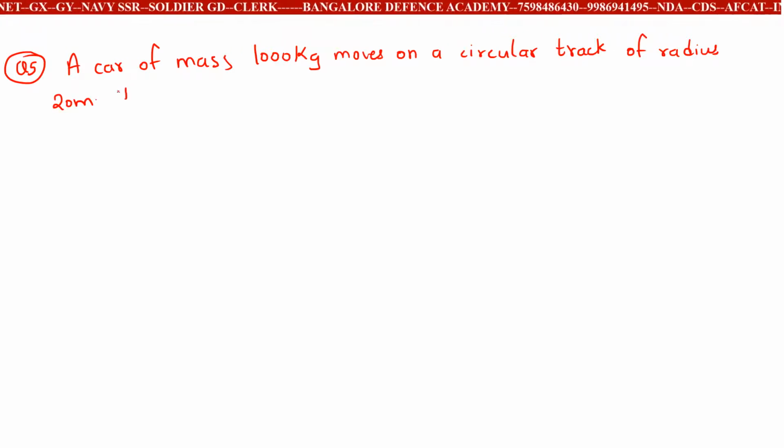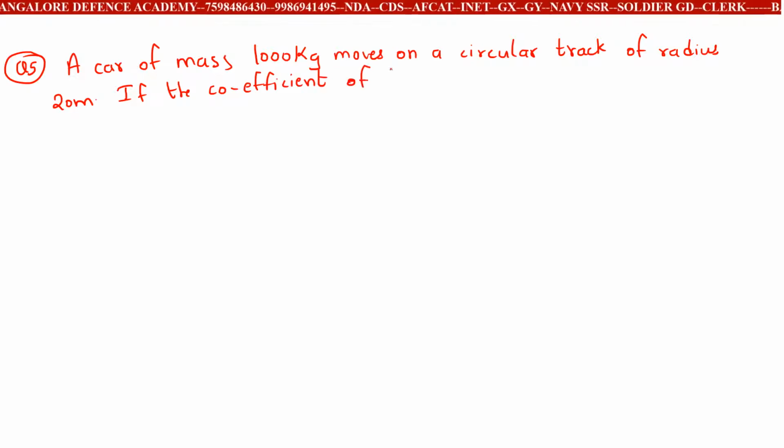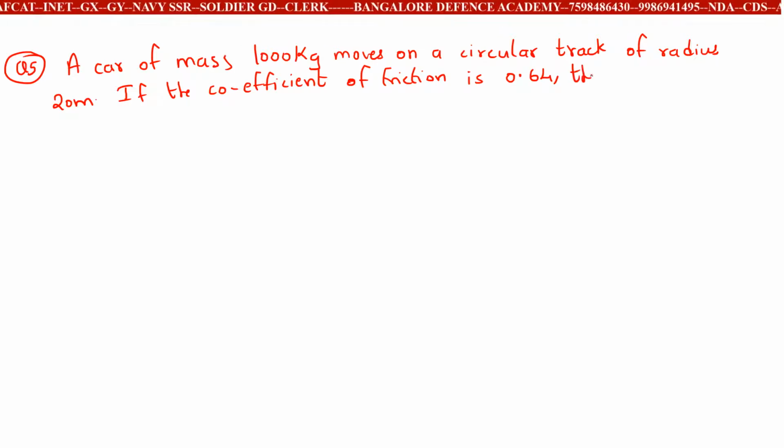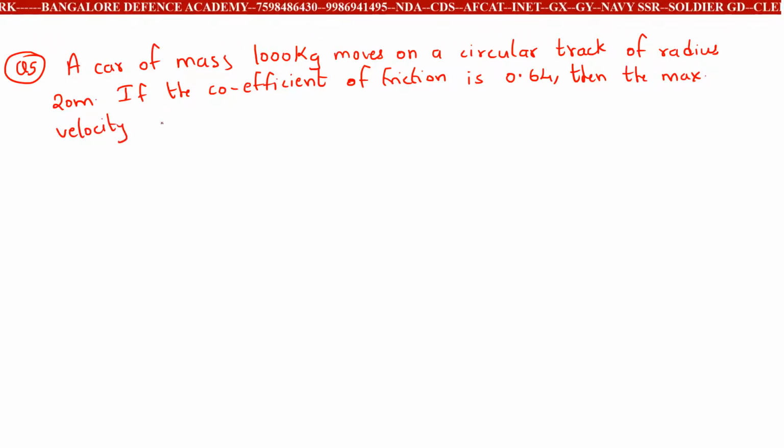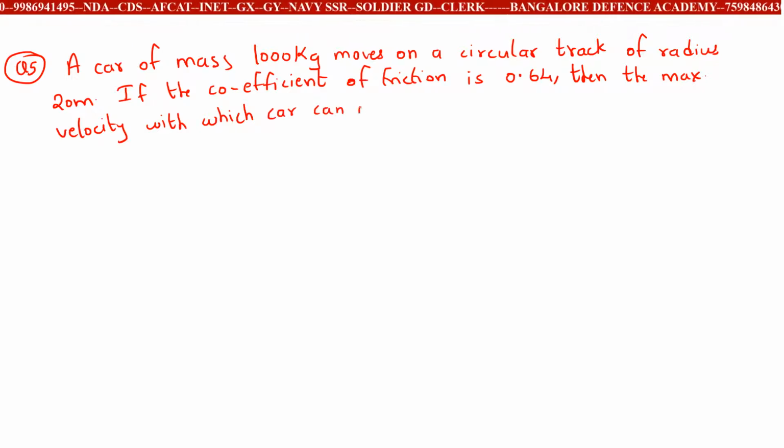If the coefficient of friction is 0.64, then the maximum velocity with which car can move.